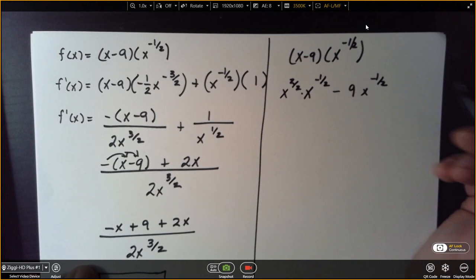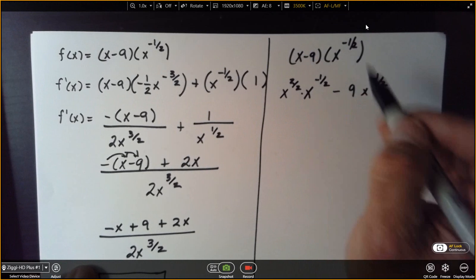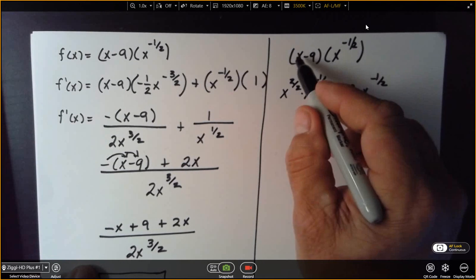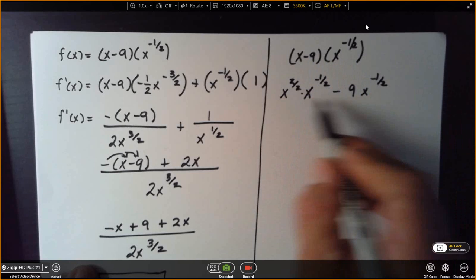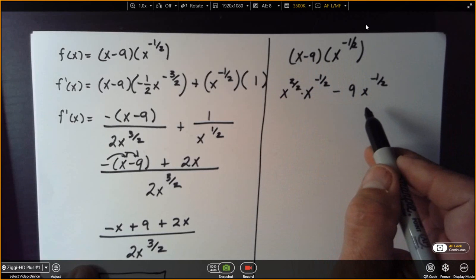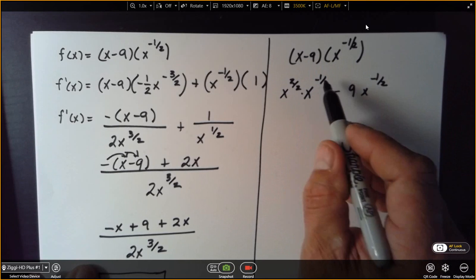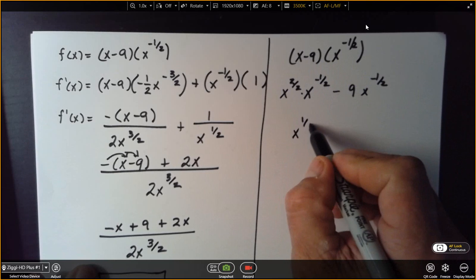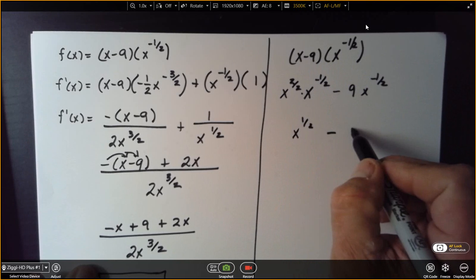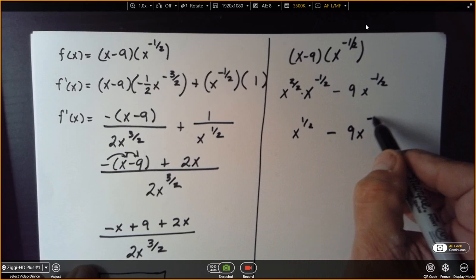Okay, so all I did was distribute that, and now, instead of dealing with the product rule or the quotient rule, I just got to put these together and do the calculus. So 2 minus 1 is 1, so that's x to the 1/2 minus 9x to the negative 3/2.